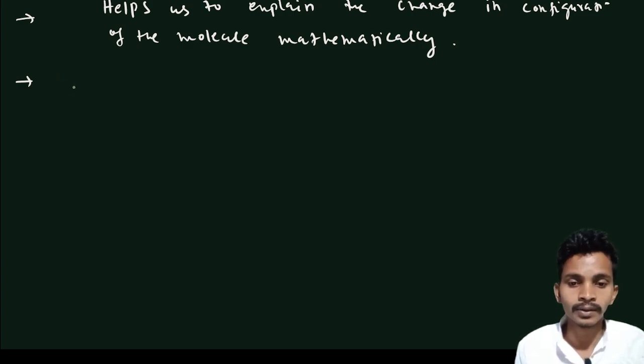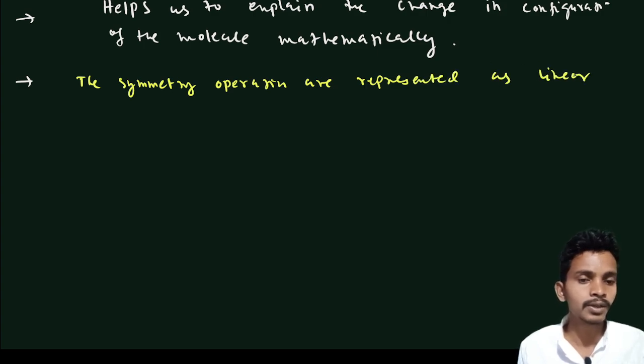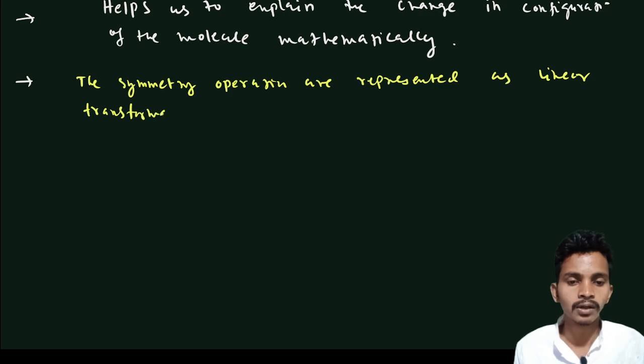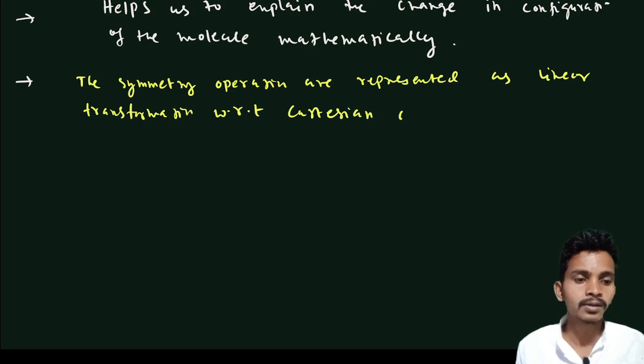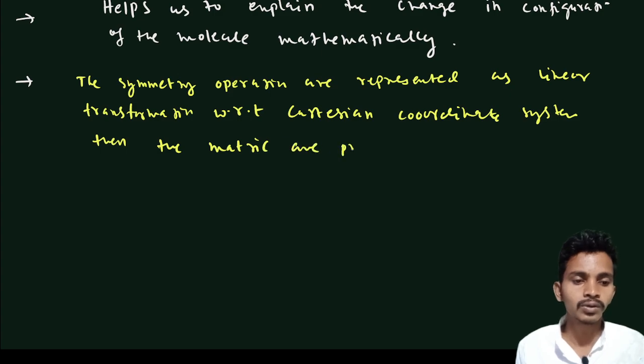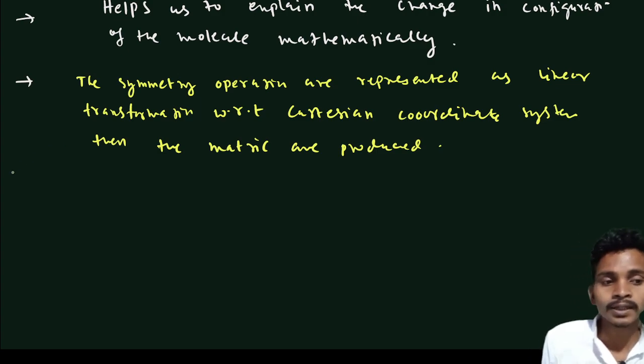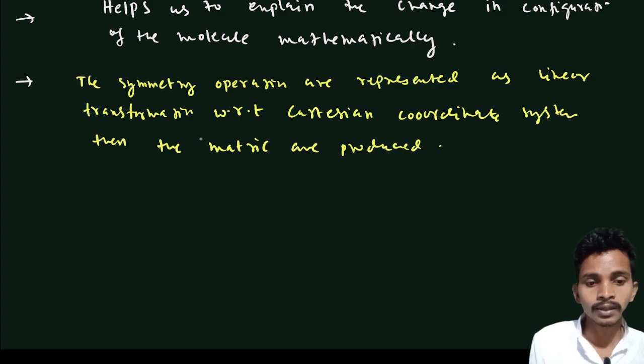These symmetry operations are represented as linear transformations with respect to Cartesian coordinate systems. Then the matrices are produced. So whenever the symmetry operations are represented as linear transformations with respect to a Cartesian coordinate system, these matrices are produced.